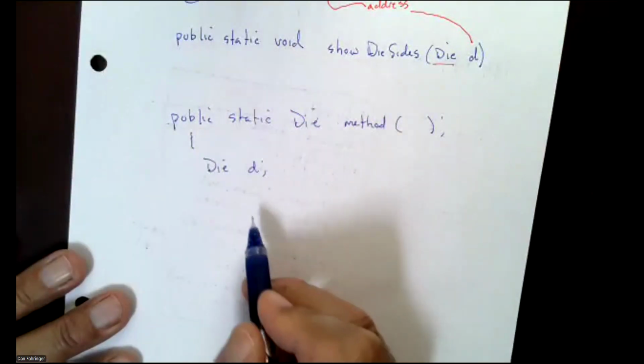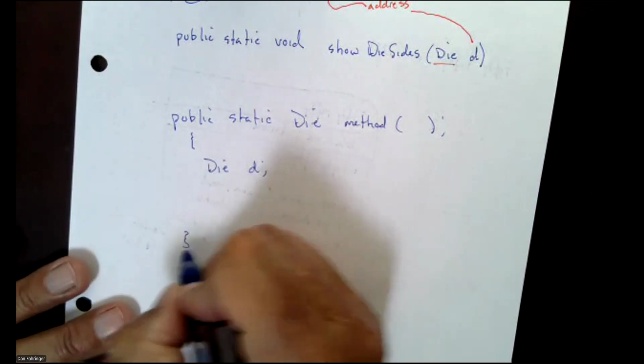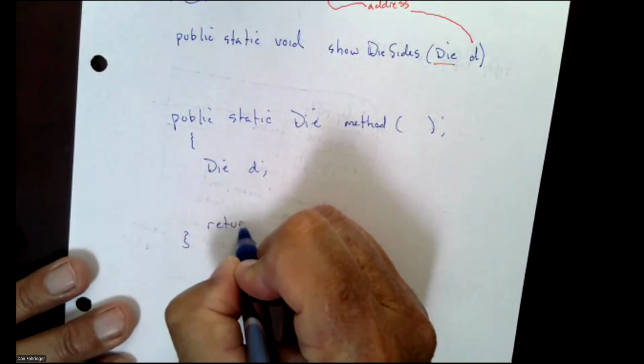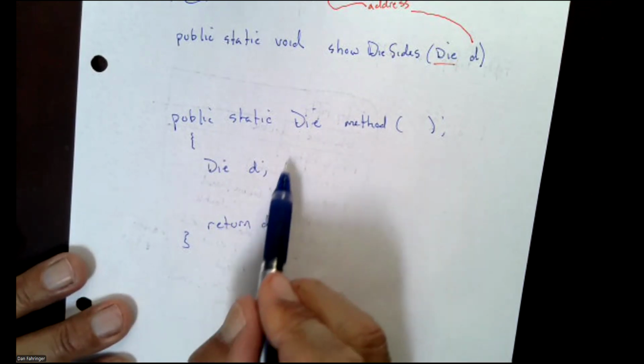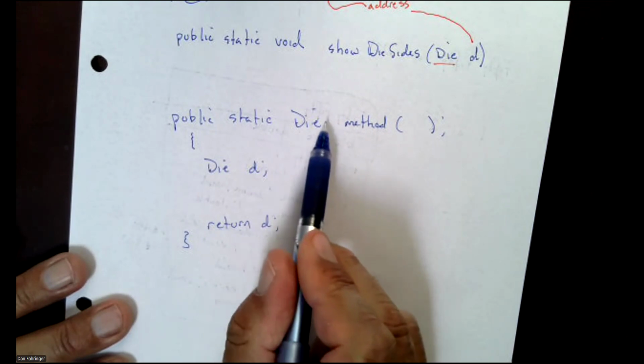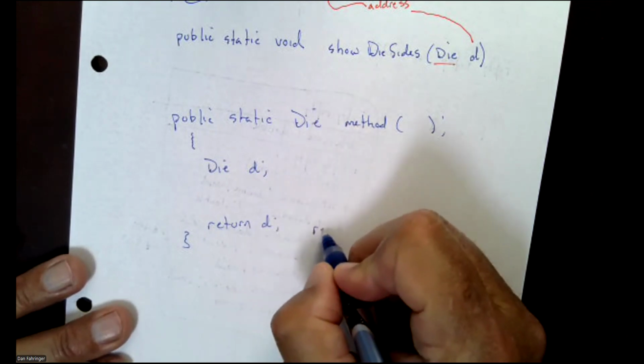I'm going to do a whole bunch of work with it, filling it with values and so on. And the last thing I'm going to do is return d. What is d? The address. And that's what I said I'm returning. It returns the address.